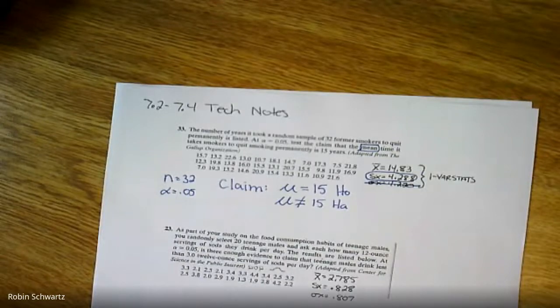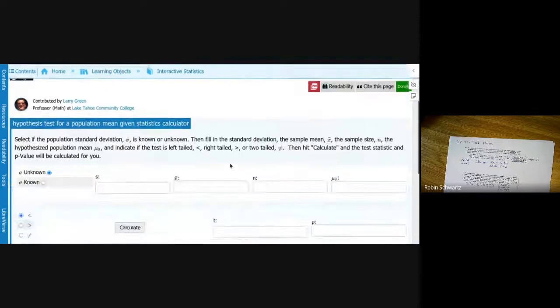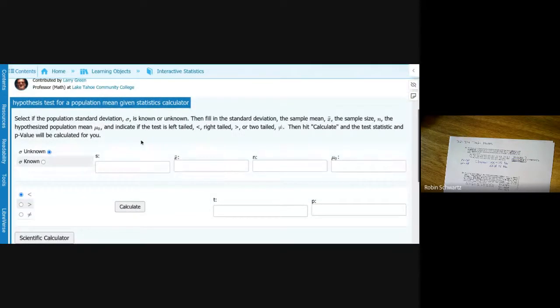This is the same page that we used before. So you can see hypothesis test for a population mean given statistics calculator. Now, I wish the programmer had done this a little bit differently. This says sigma unknown or sigma known.